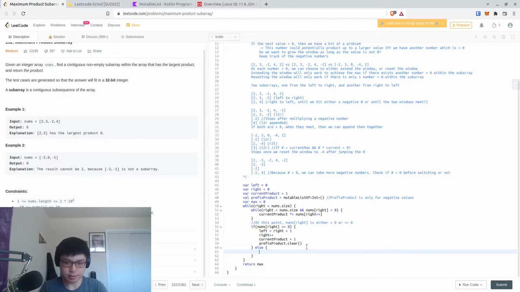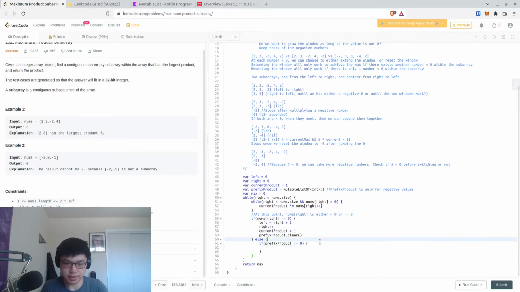What we'll do is, so now this is less than 0. Hold on. Let's see. If this is less than 0, then we do if prefix product is not 0. So we have not encountered a 0.